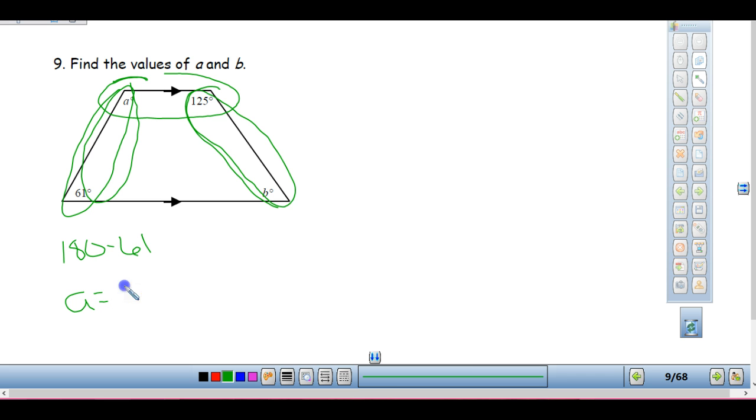Angle A is going to be 119 degrees. And here we've got 180 minus 125, and angle B is going to be 55 degrees. So your angles that are on the same side from each other are going to be supplementary.